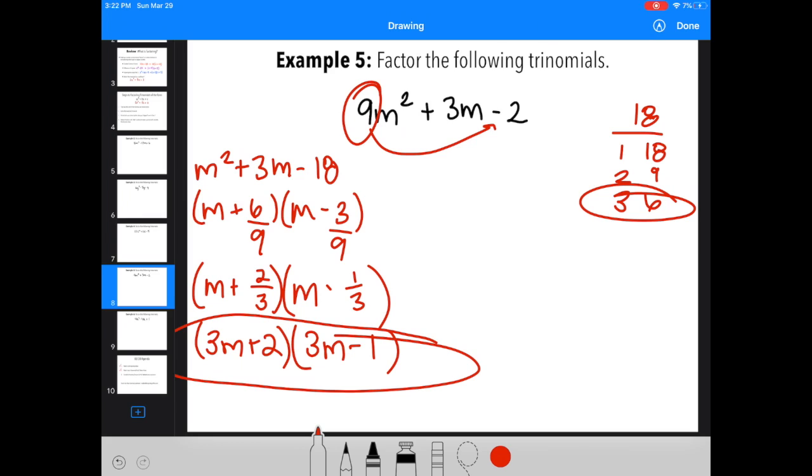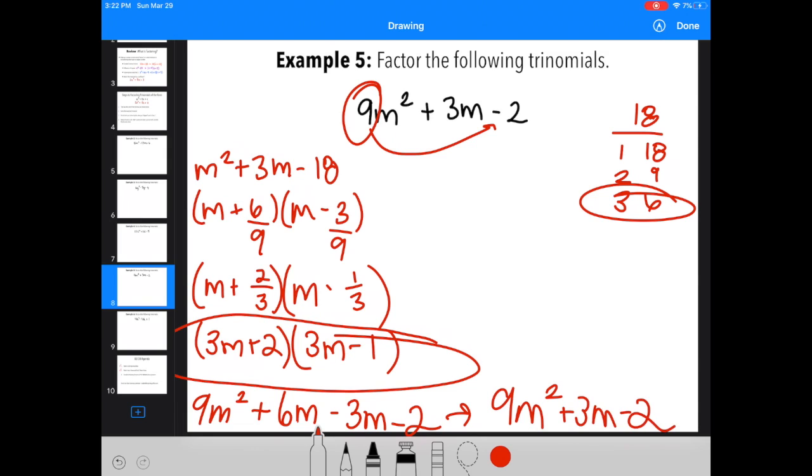Let's double check to make sure we factored that correctly. So 3m times 3m gives me 9m squared. Then 6m, 3m minus 2. Reduce that down. I get 9m squared plus 3m minus 2.